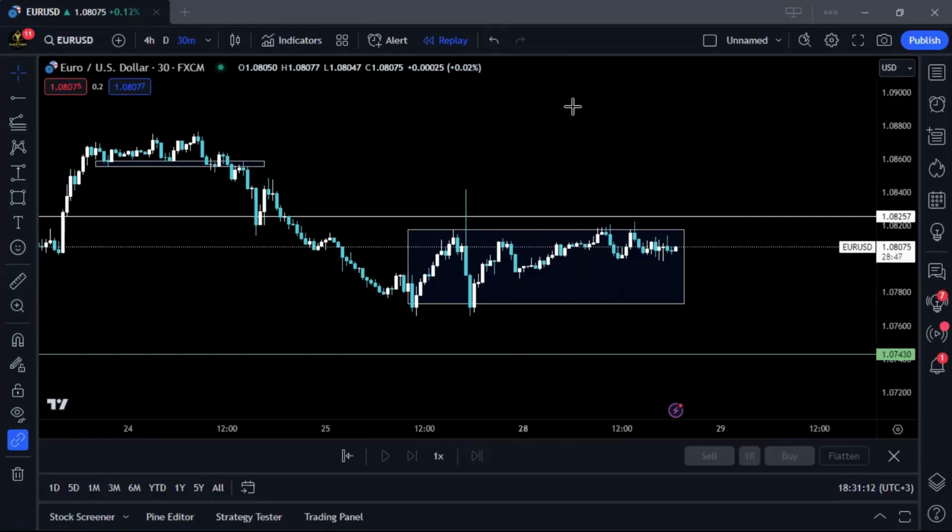Tomorrow we'll be analyzing another pair. This time I'll try to focus more on the daily and the long time frames so that we actually see what we can improve from there.